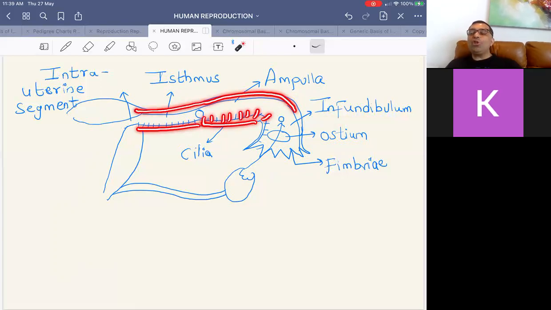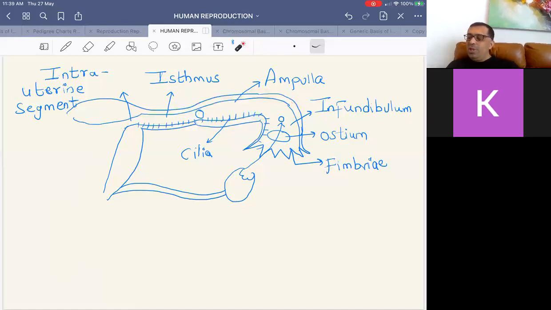Where does fertilization take place? In the ampulla, to be more specific, at the ampullary isthmic junction. And where does the zygote eventually pass? Through the isthmus with the help of cilia, and the zygote keeps on dividing, forms a morula, and then drops into the uterus. So this was your fallopian tube.